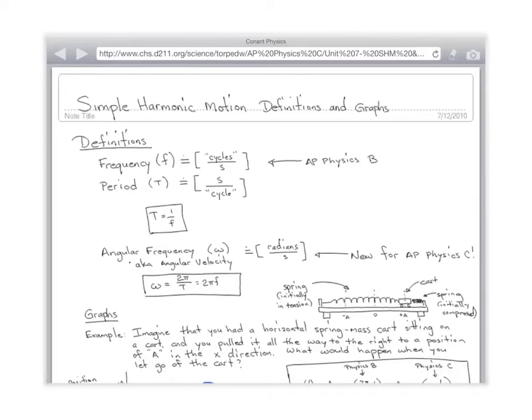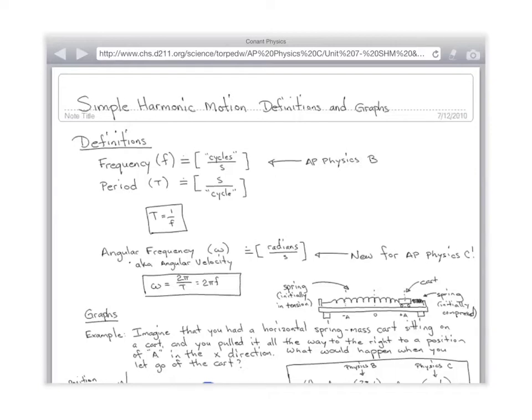Good. Is there a difference between frequency and angular frequency? Yes, there is, because they're separate. What's the relationship between frequency and angular frequency? Hint, angular frequency is also known as angular velocity.